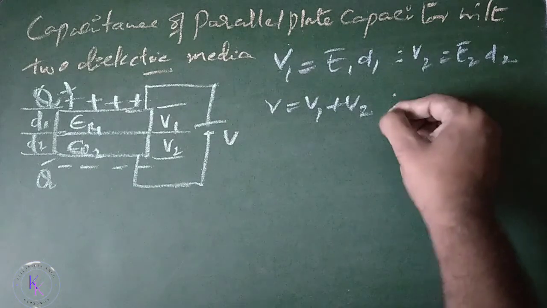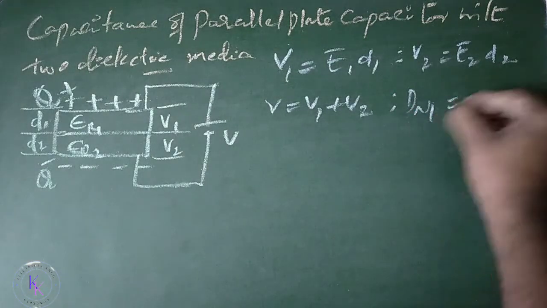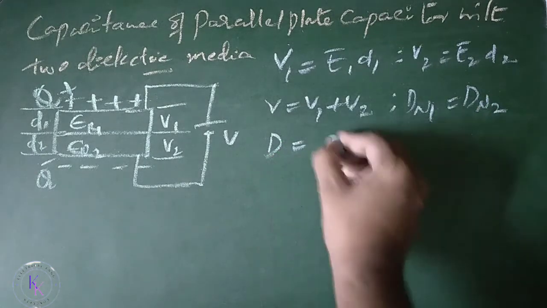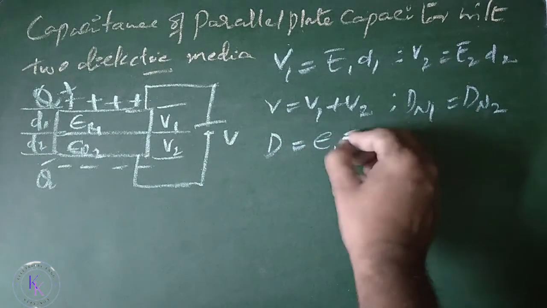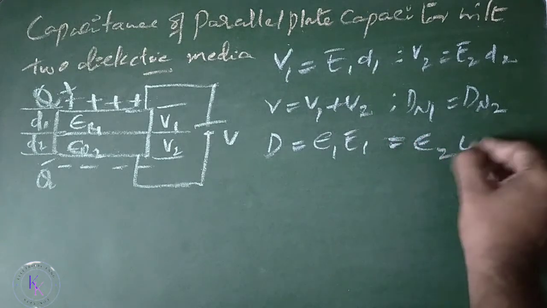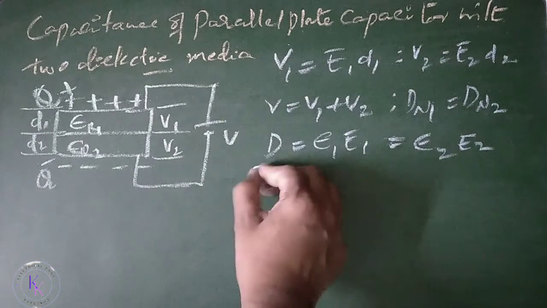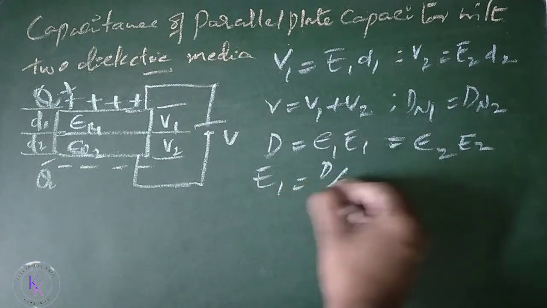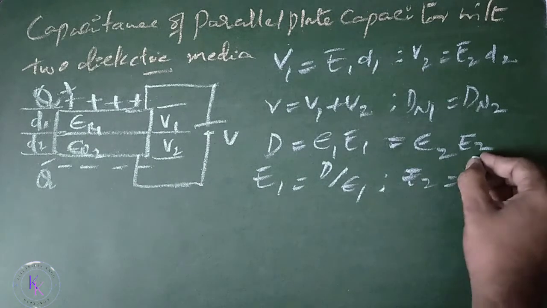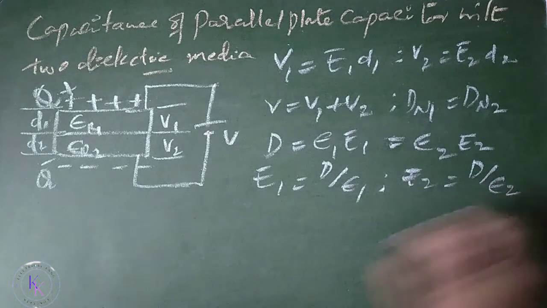Therefore, DN1 equals DN2. Therefore, D equals epsilon 1 E1 for the first material, equals epsilon 2 E2, from which E1 equals D by epsilon 1 and E2 equals D by epsilon 2.